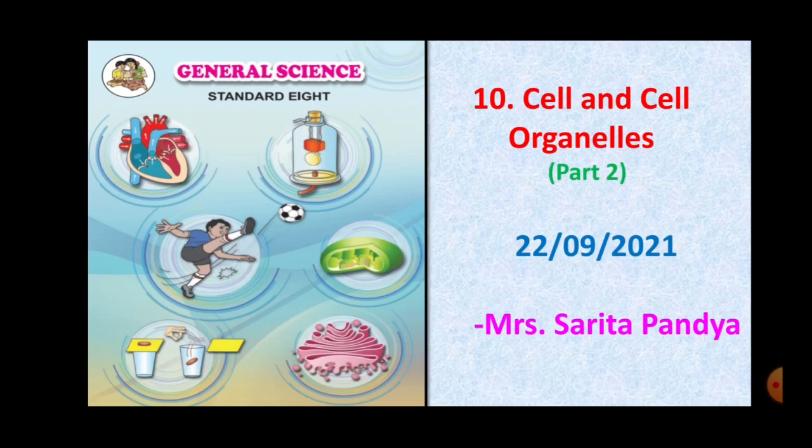Then in the same topic, we had also studied about the isotonic solution, hypotonic solution and hypertonic solution. Then we had started with the cytoplasm, which is a liquid filled between the plasma membrane and the nucleus, and it has the different cell organelles.